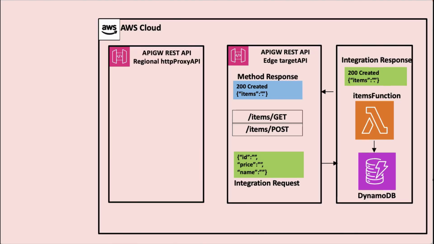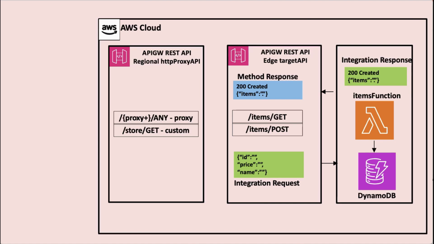However, we will have one more REST API called HTTP proxy API, and the type of the endpoint is regional. In this case, we will have a resource /proxy/{proxy+}, which is like a placeholder, so you can have any value there, and the type of the method that it supports is ANY.